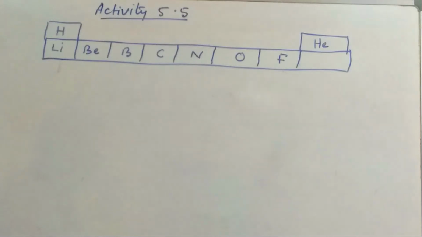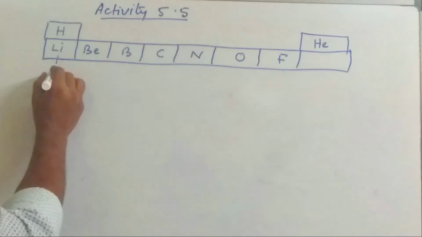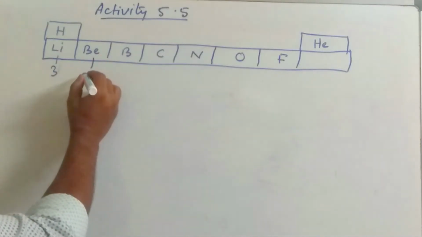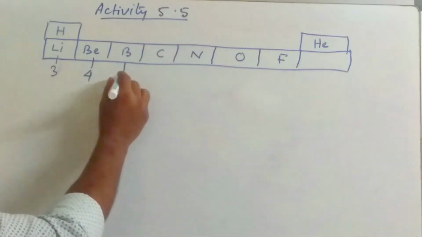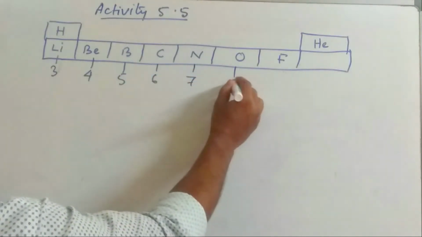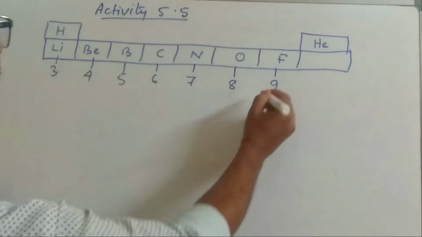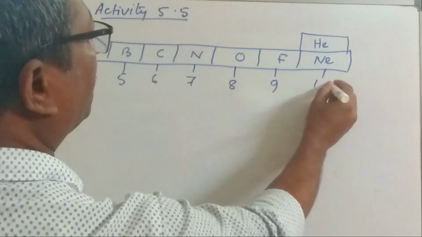So we are asked to write down the electronic configuration of the elements. Lithium is atomic number 3, beryllium 4, 5, 6, 7, 8 and 9. Here it is neon, it is 10.